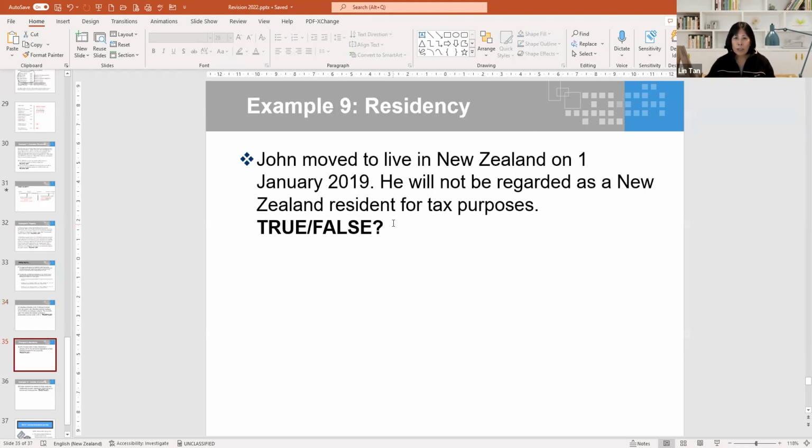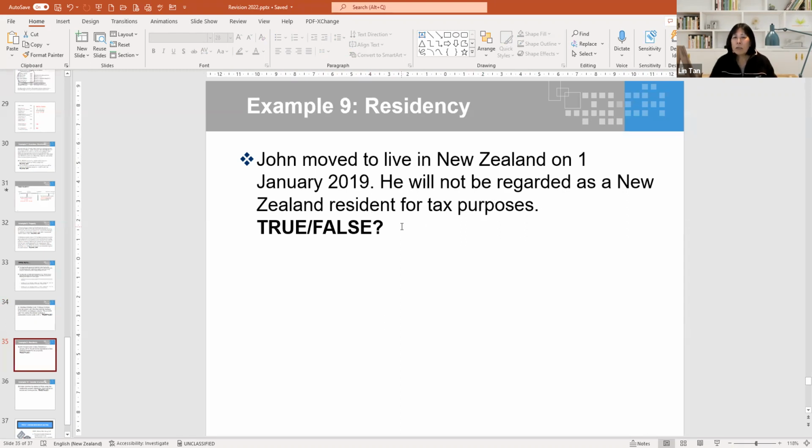This is about residency. I think by now you all are quite good in the residency rules, especially you've done assignment 2. You're given a short scenario that John moved to live in New Zealand on 1 January 2019, and the statement is he will not be regarded as a New Zealand resident for tax purposes.